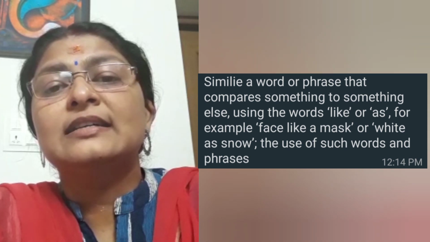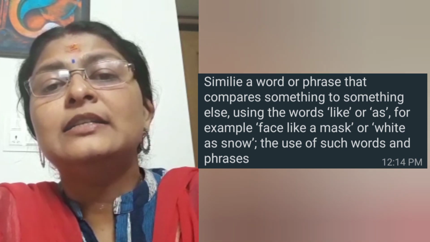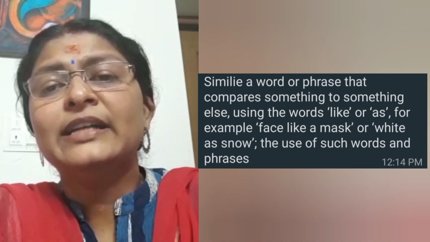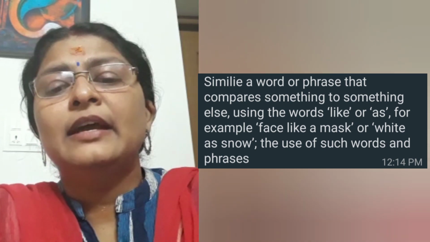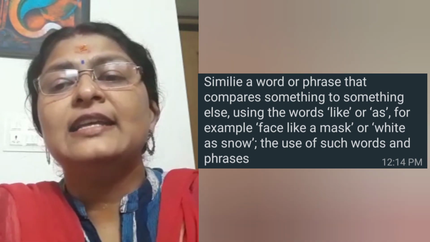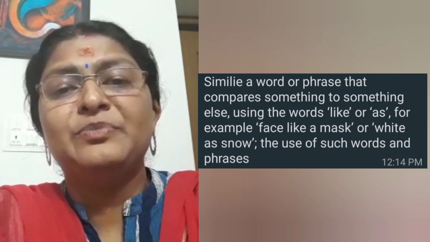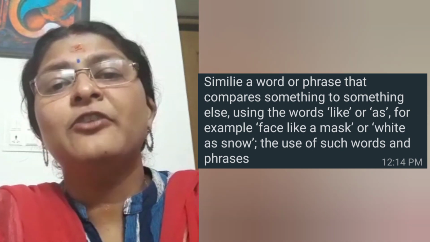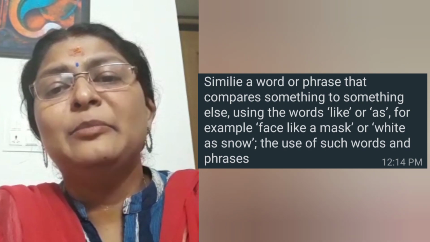Here we are discussing the poetic element simile. Simile is a word or phrase that compares something to something else for us to understand the meaning in a better way. There are so many examples in poems using simile to express the poet's idea, to make it clear for the readers.